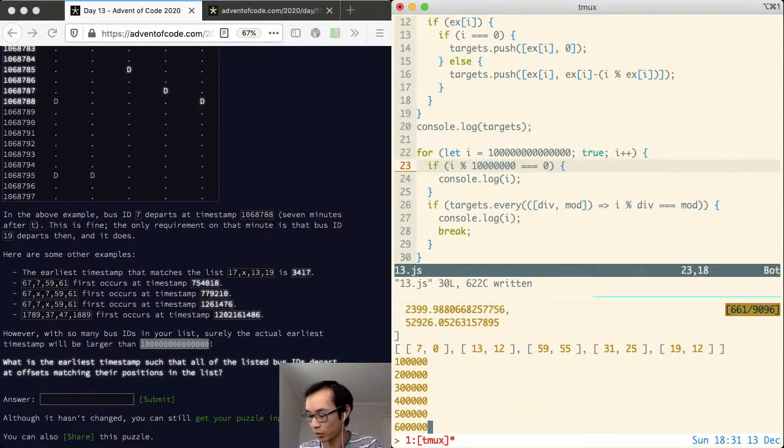Which is also equal to 31d plus 25, which is also equal to 19e plus 12.